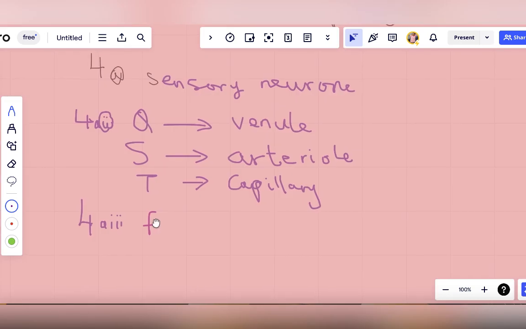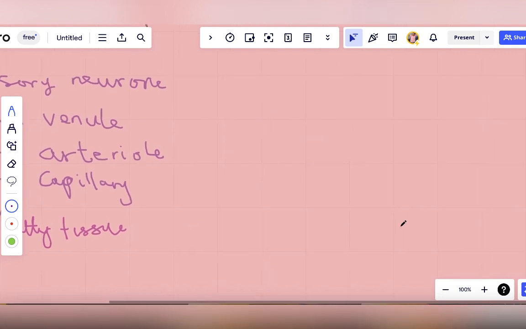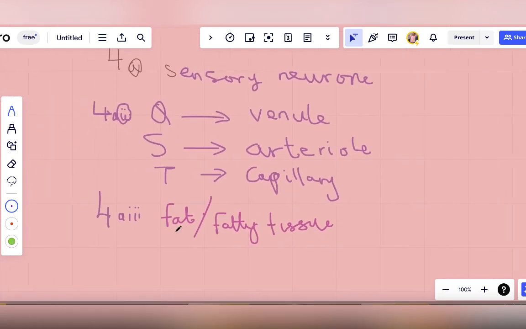Fat or fatty tissue. So, okay, now let's see the next question.